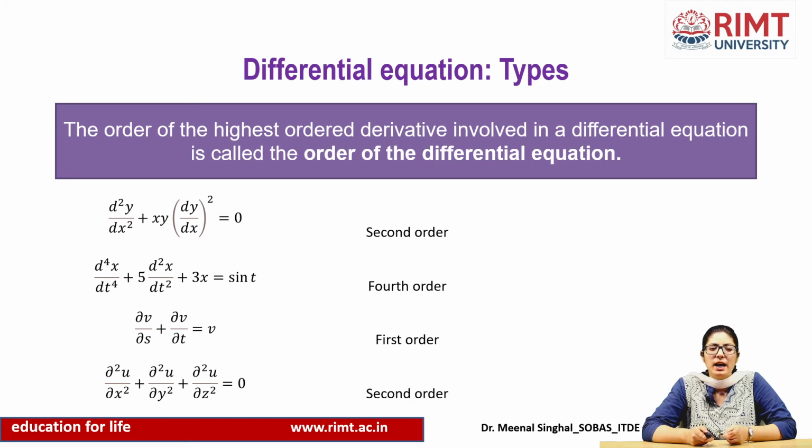And in the third case, both the derivatives, although they are partial derivatives, have first order. So, we classify this equation to be of first order. And in the last equation we have all three derivatives having order 2, which is the maximum order of derivatives available in this differential equation. Therefore, the order of this differential equation is 2.